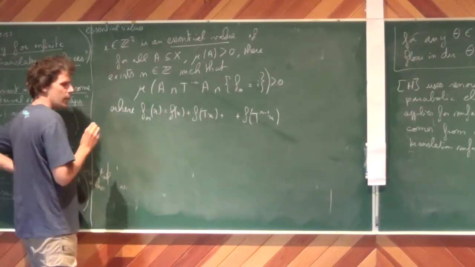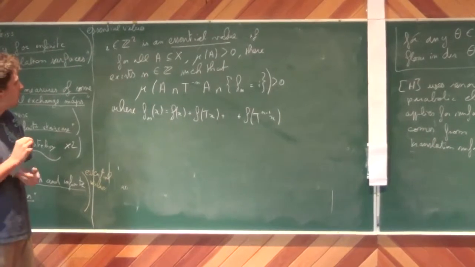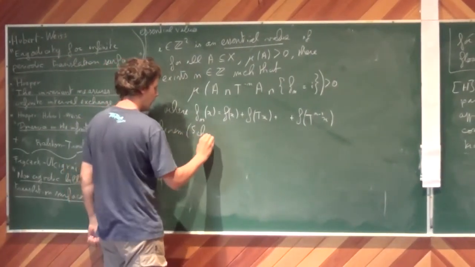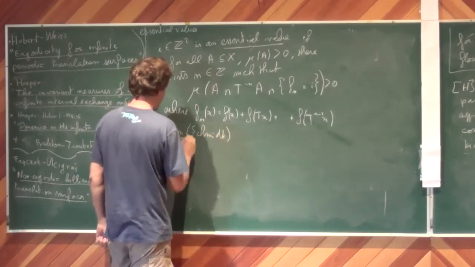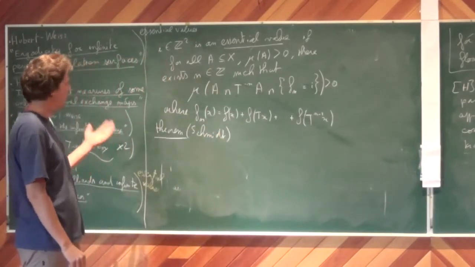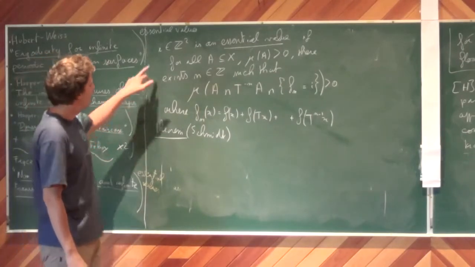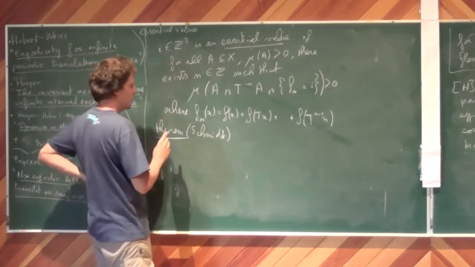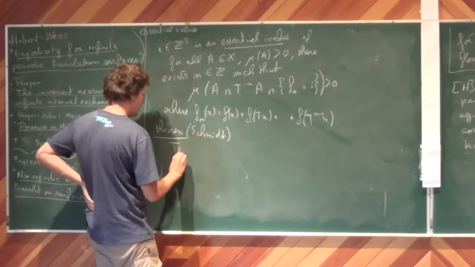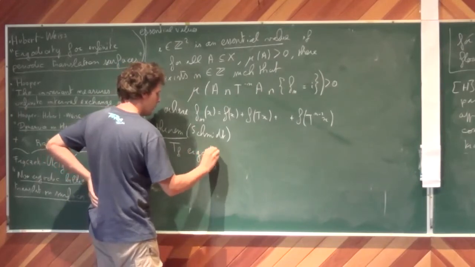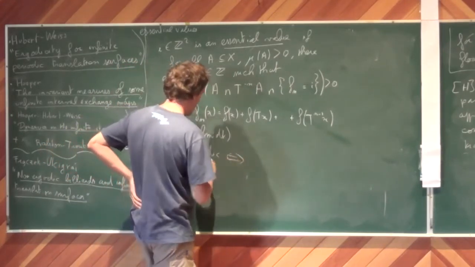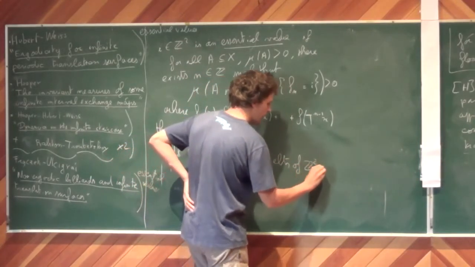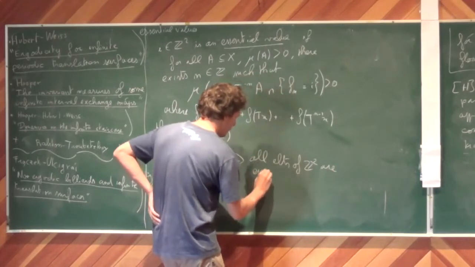And the result, I guess this is of Klaus Schmidt, is that ergodicity of the skew product T_F is equivalent to having all elements of Z^2 as essential values.